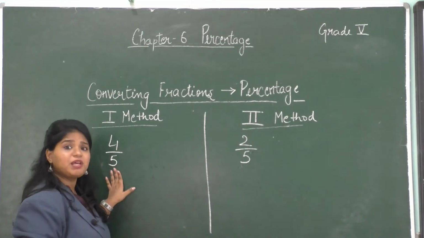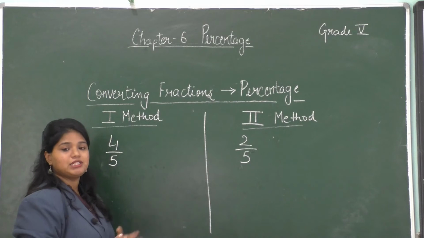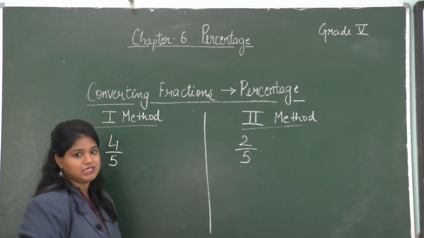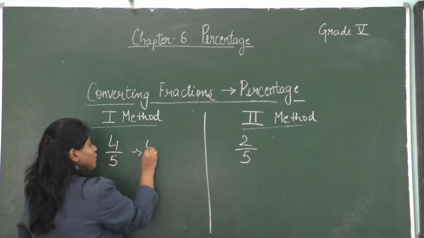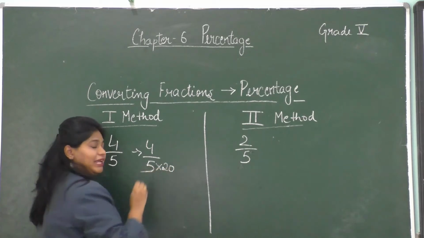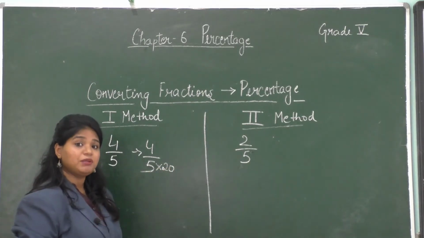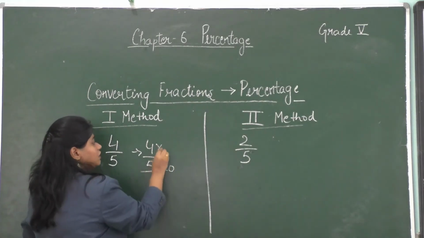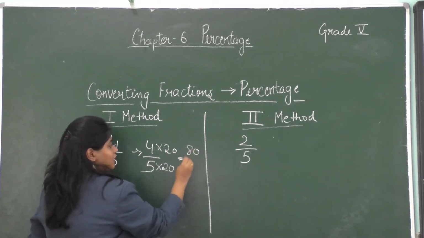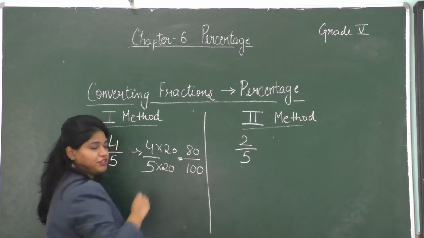So what will I multiply 5 by so that I get the denominator as 100? Yes, I will multiply 5 by 20. If I am multiplying the denominator by 20, to make it an equivalent fraction I need to multiply the numerator as well with 20. So I get the fraction as 80 by 100.